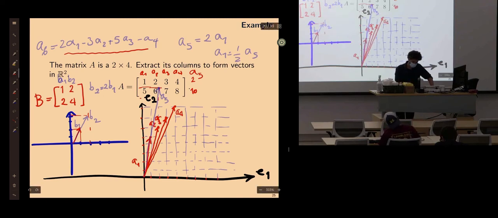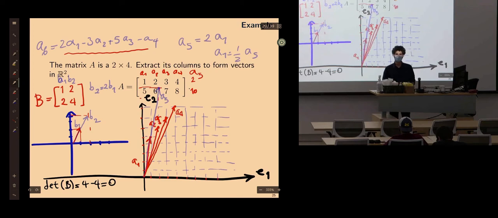What is the determinant of B? I hope you can see. I'm writing it at the bottom. 4 minus 4, 0. That's why. We already know that when the determinant is 0, there is no unique solution to the system of linear equations.